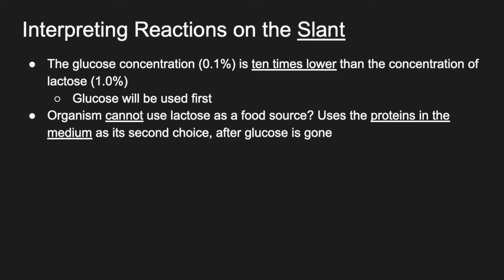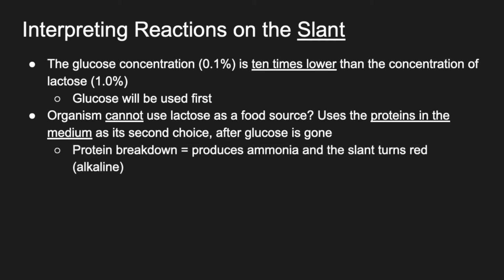Because lactose is present, yes, but the organism does not have the ability to break it down for a food source. So once glucose is all gone, which doesn't take very long, the organism will start using the proteins in the medium for its food source. Protein breakdown produces ammonia, and it'll turn the slant red, which means it's becoming more basic, more alkaline.